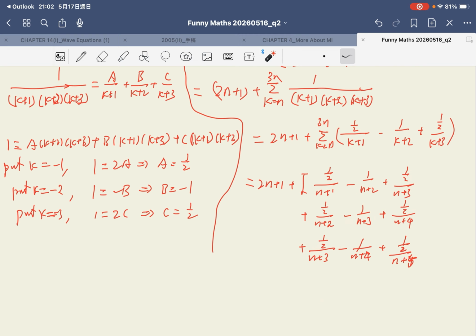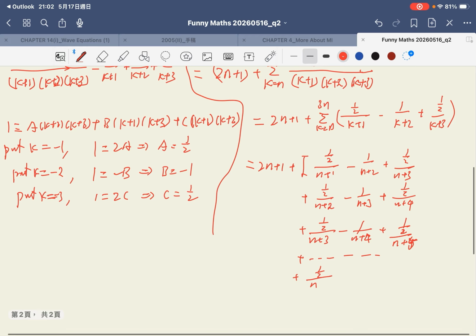In other words, we have to write down the last 2 rows.